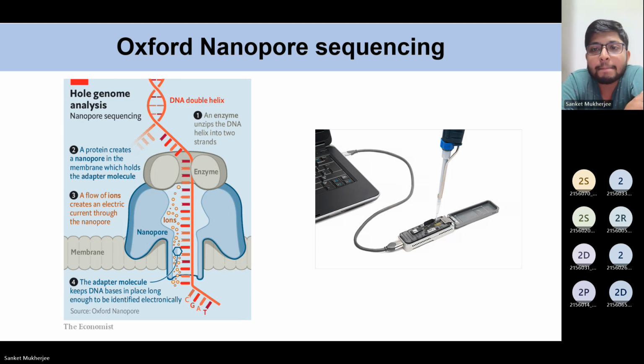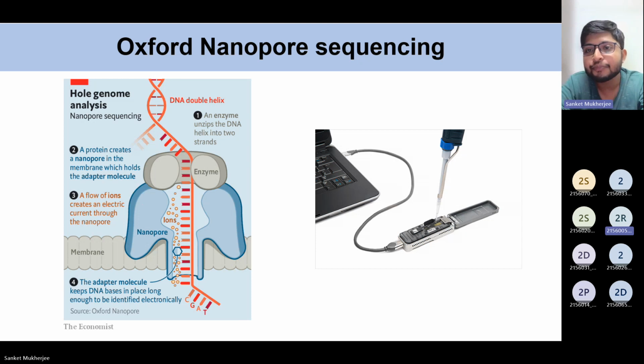If you see FTIR results, peaks will be shown, and each peak will correspond to some bond, like a COO bond or CO bond. So here also there will be a separate electronic output for each of these bases.